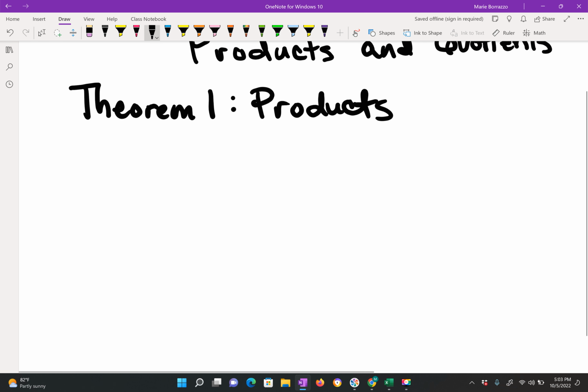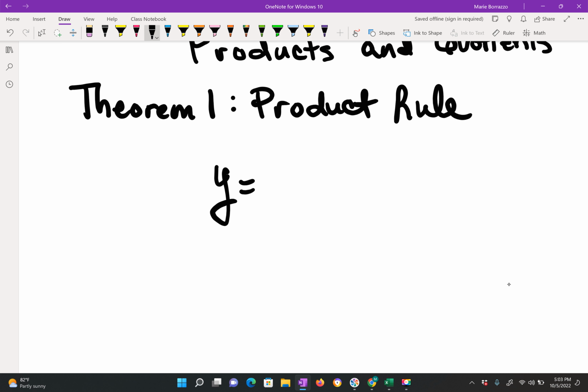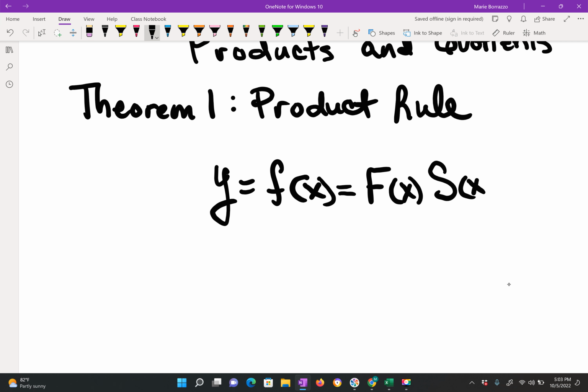Imagine a function, like you have y equals some f of x, where f of x is a function itself, and that function is the result of two binomials, or a single term and a binomial, multiplied. So hence a product, two things multiplied together.